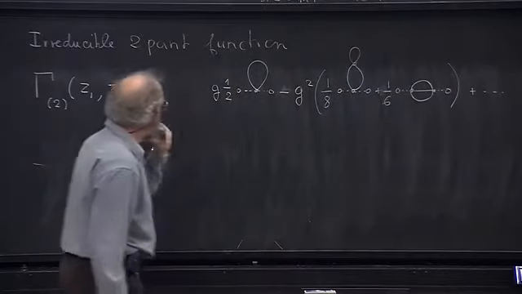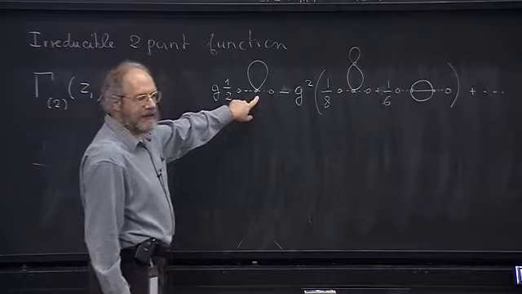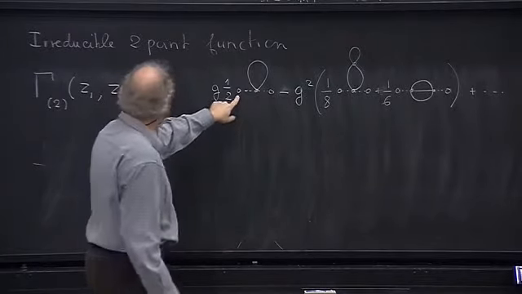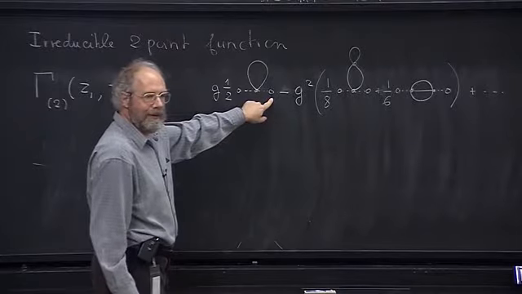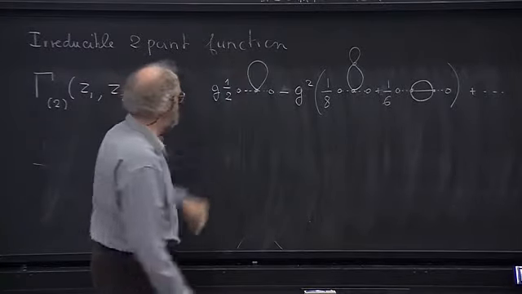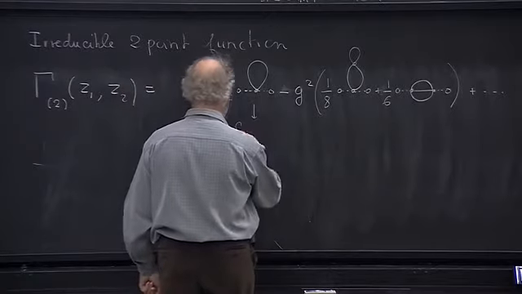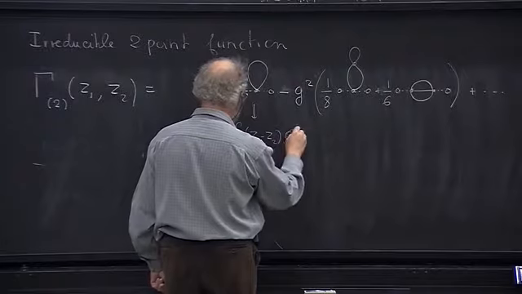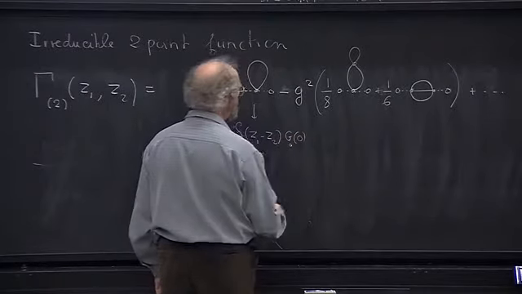And the amplitude associated to this irreducible diagram is just delta of Z1 minus Z2 times G of 0.